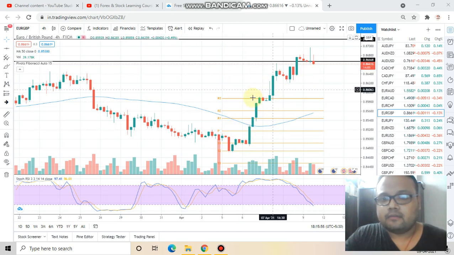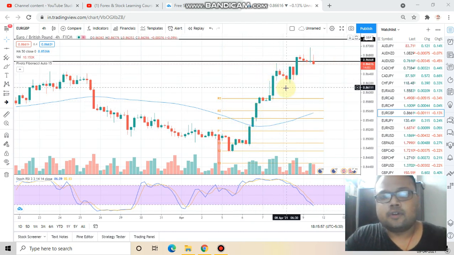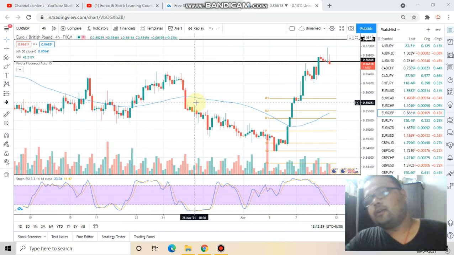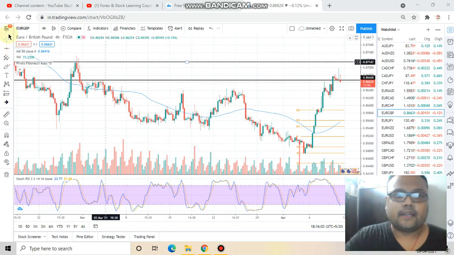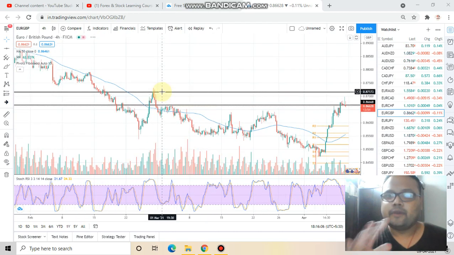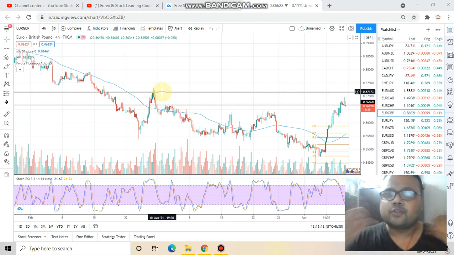In a market like this, we should always look for a shorting opportunity, but the overall trend is towards the downside. So things are very much confusing in Euro GBP right now. Things were pretty much simple when the market was in a downtrend. We were looking for shorting opportunities whenever the market was going up and getting resistance from the 50 MA. But things have changed now.